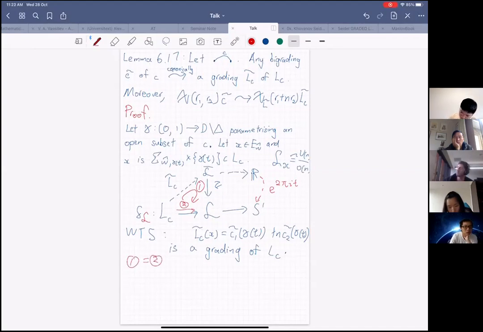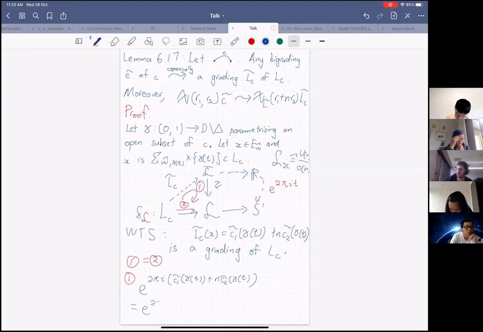So what is 1? 1 is actually just e^(2 pi i) on C1 to the gamma t plus C2 to the gamma t. Note that we already said C1, C2 are just some constant numbers.